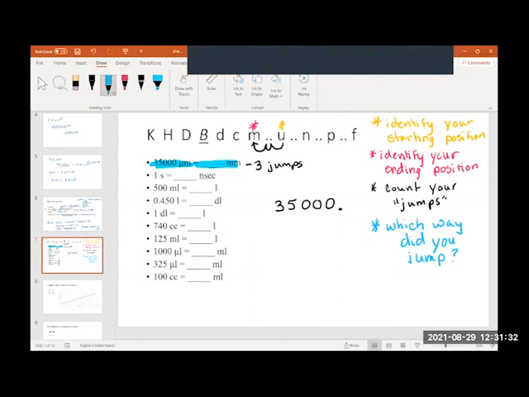Well, we need to jump to the left. Again, 1, 2, 3. So let's jump 3 positions to the left. 1, 2, 3. And that means 35,000 micrometers equals 35 millimeters.